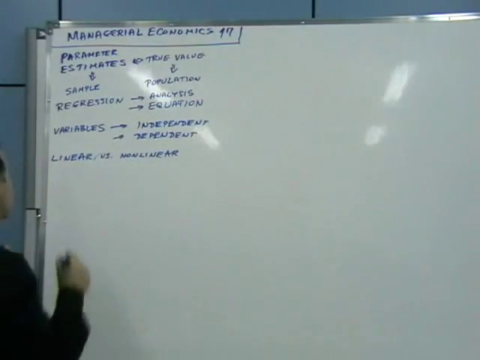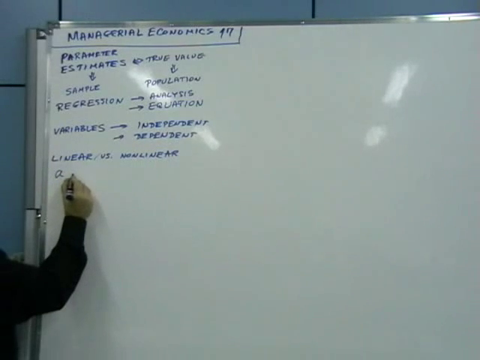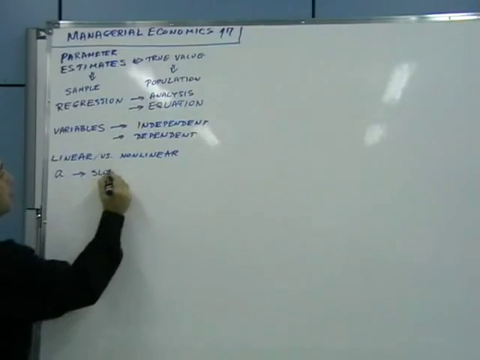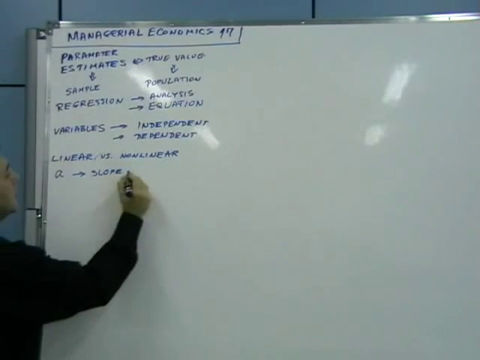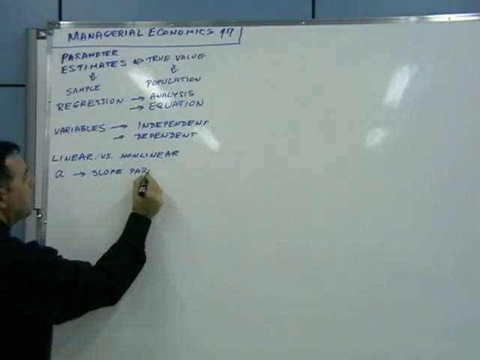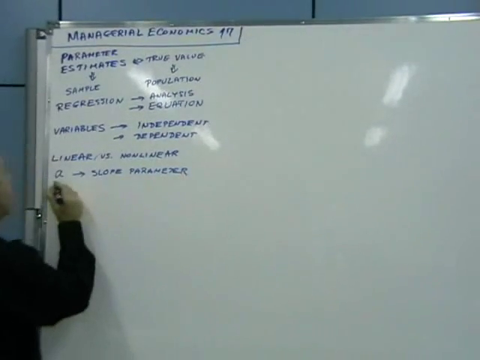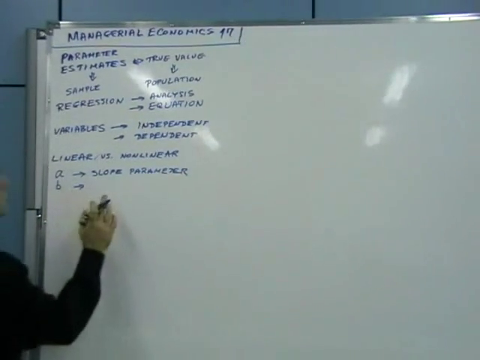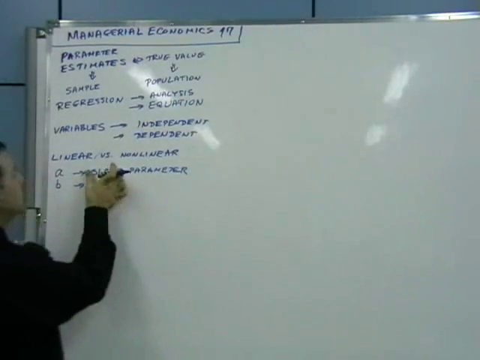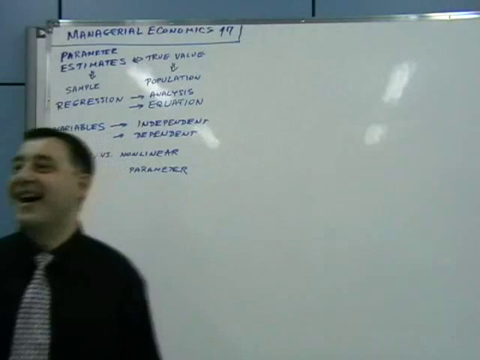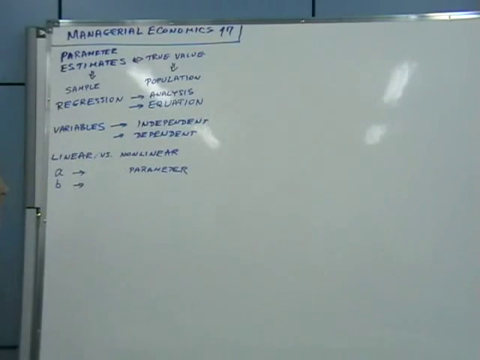And if it is linear, parameter a is the slope parameter, and B, no, A is the intercept. Yes. You guys sleeping? I'm sleeping. All I studied was wrong.